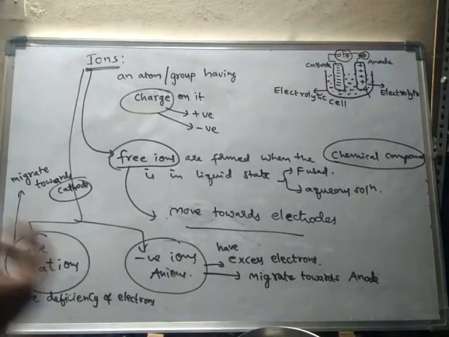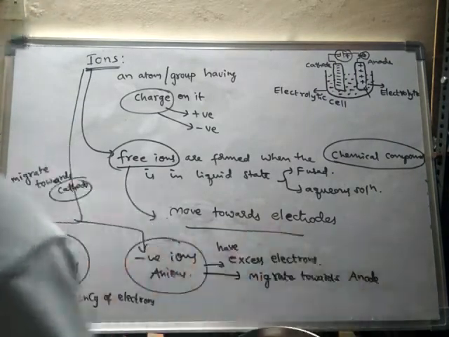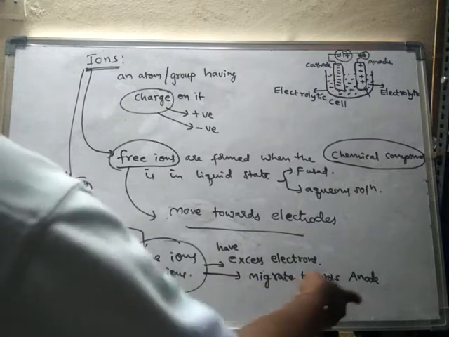As the anode is a positive electrode, negative ions will move towards the anode.